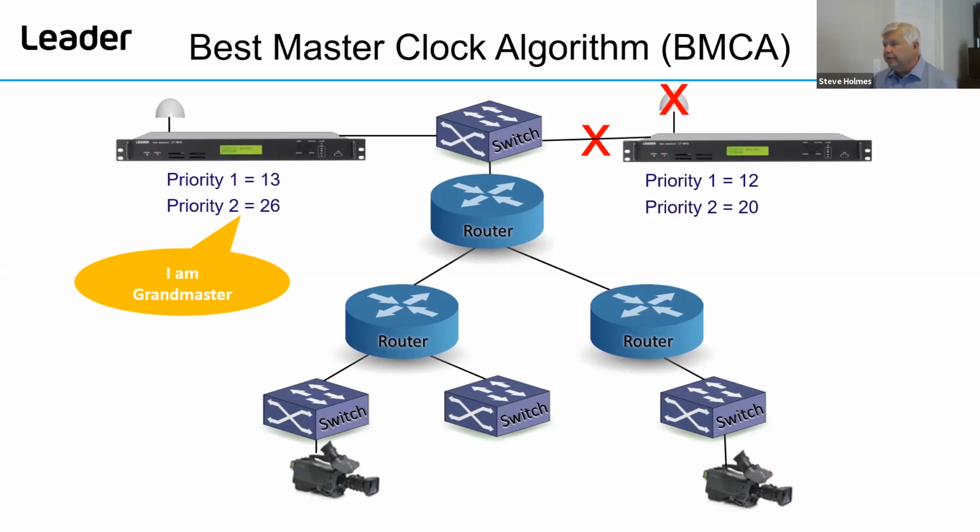And the unit on the right then would be superseded by the unit on the left if priority 1s are exactly the same. You don't want to find this out in a working network that the transfer didn't happen correctly because you didn't set priority 1s correct.